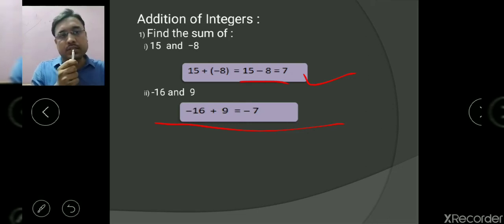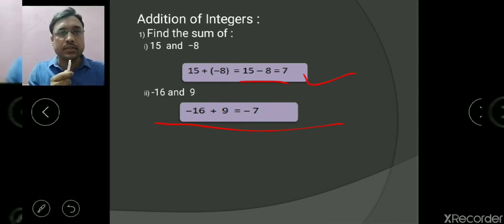Whenever one number is negative and the other number is positive, and you are adding such numbers, then find the difference of these two numbers and give the sign of the number which has the greater numerical value. Here 16 has greater numerical value than 9. Don't consider the sign when you are seeing the numerical value. 16 is greater than 9, so you have to put the sign of 16 here, -7.